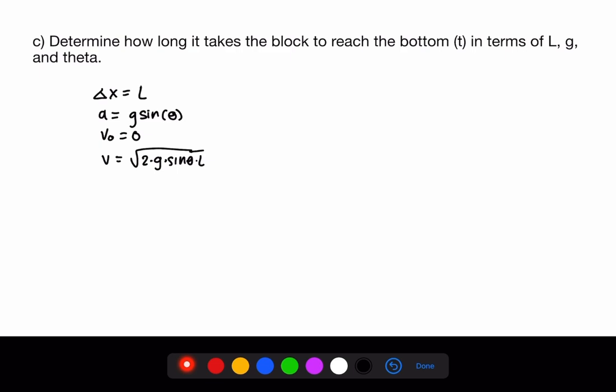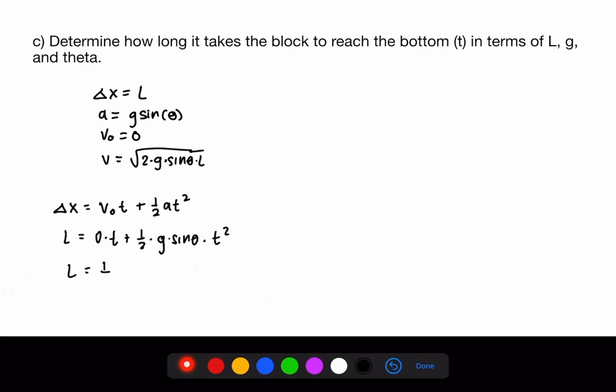To solve for t, there are two different equations we can use. Let's go through both of them. The first one is delta x equals v initial times t plus 1/2 a t squared. Let's substitute what we know. So delta x is L, which equals 0 times t plus 1/2 times g times the sine of theta times t squared.